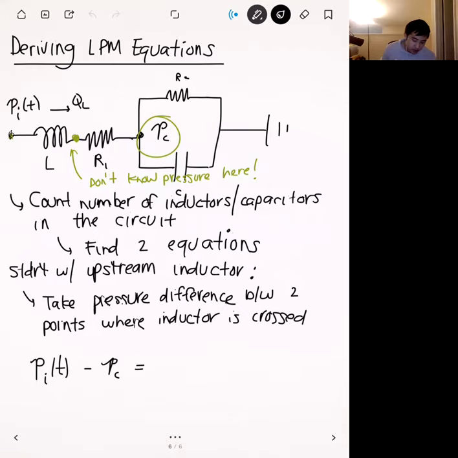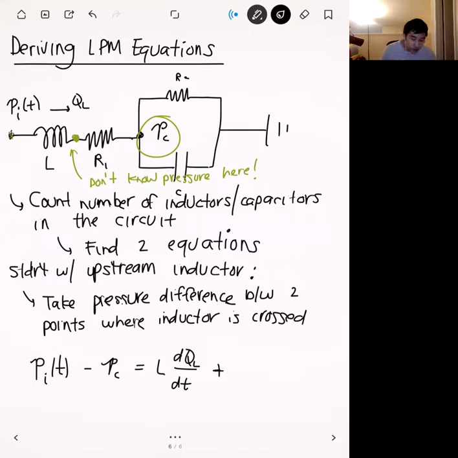The equation for the inductor is going to be L dQL dt. And the other thing that we pick up is the pressure drop on the resistor.